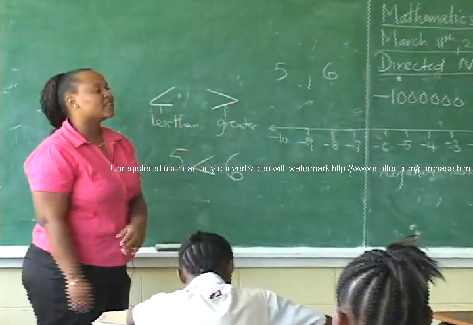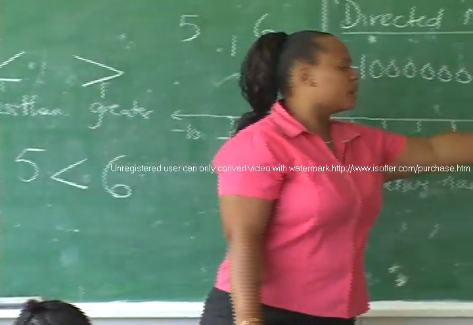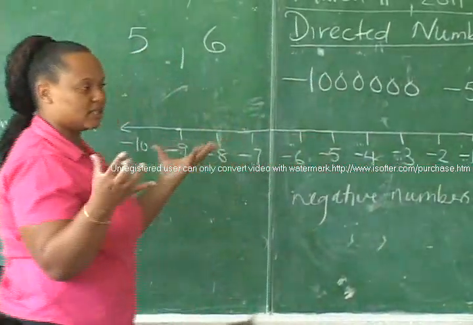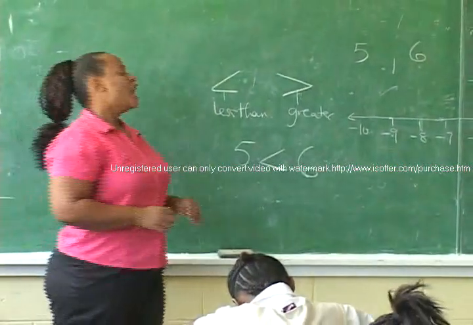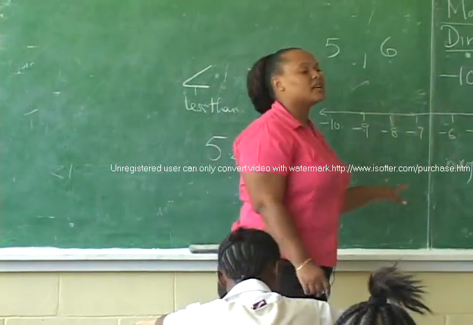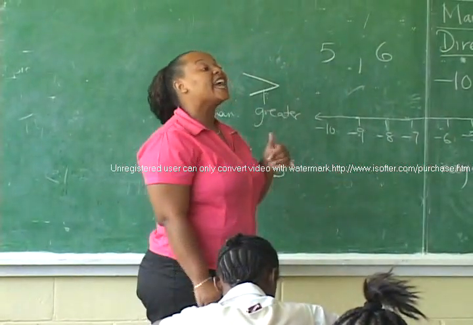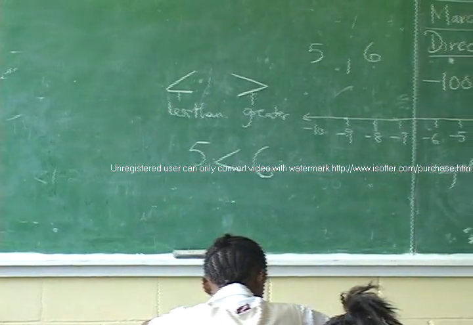Alright? Directed numbers. Now if you notice, all of the numbers that we dealt with, all of them were whole numbers. No fractions, no decimals. Now the set of whole negative and positive numbers are called integers. Have you ever heard that before? Integers.